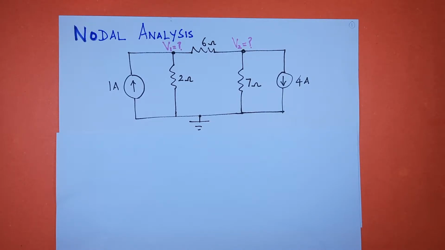At this node the voltage is V1, and at this point the voltage is V2. Through nodal analysis, we have to find out what V1 and V2 are.